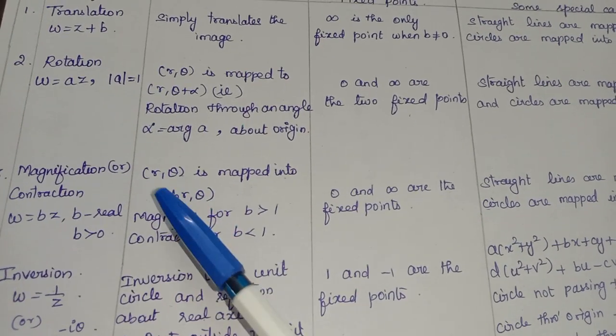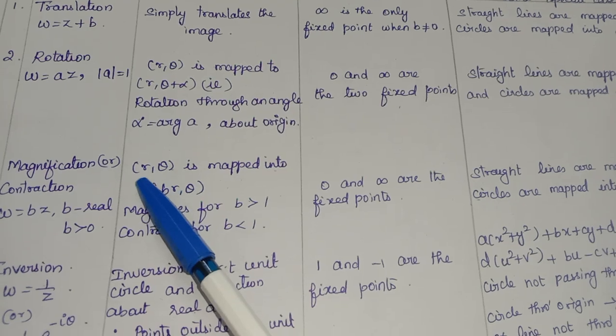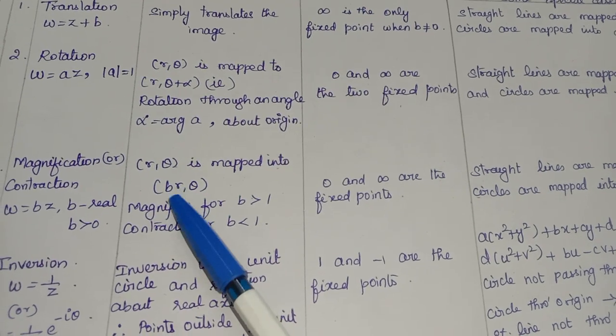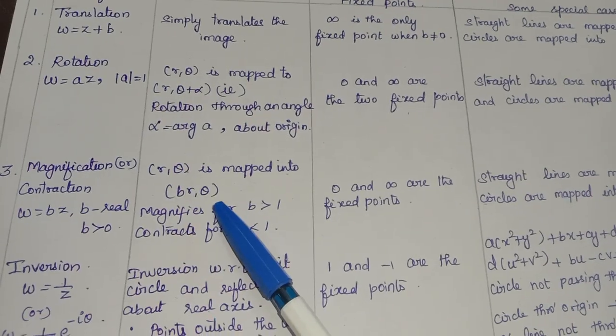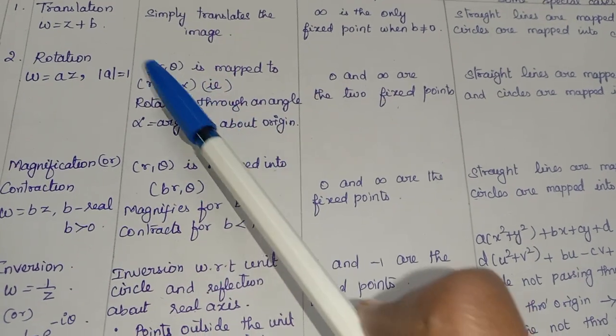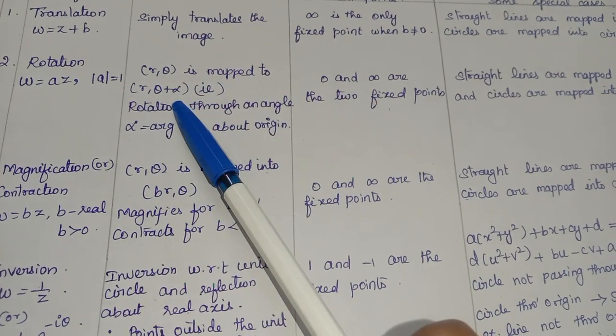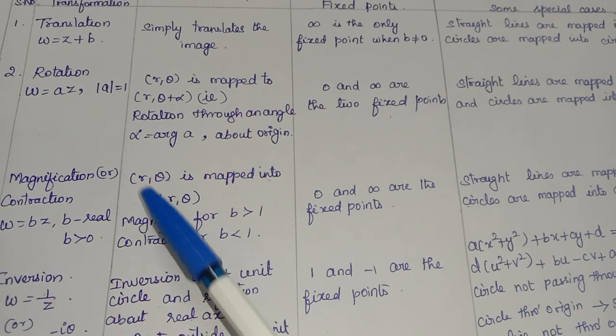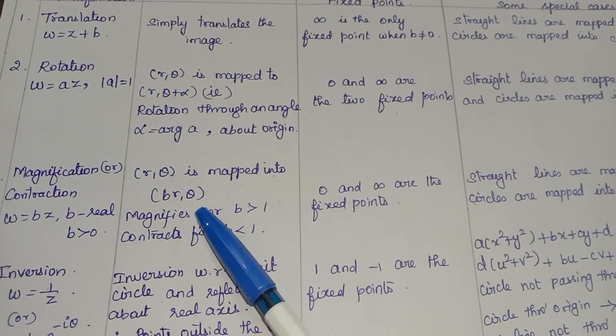So r comma theta will become b r comma theta. R denotes the magnitude, so only the magnitude of the complex number changes, there is no change in the orientation. Whereas in the previous case the magnitude remains the same and only the angle changed. Here the magnitude changed and the angle remains the same.